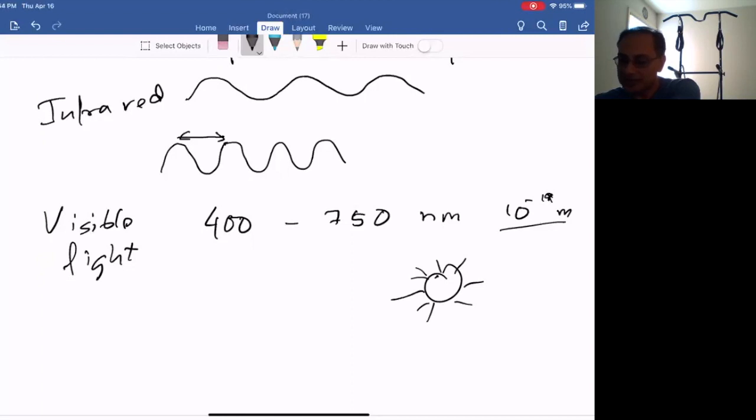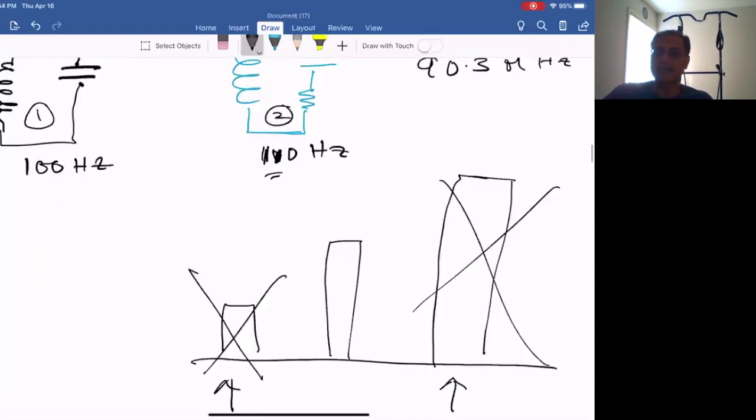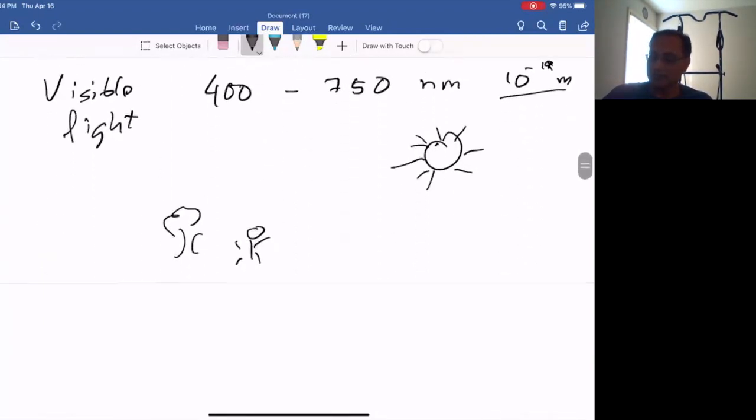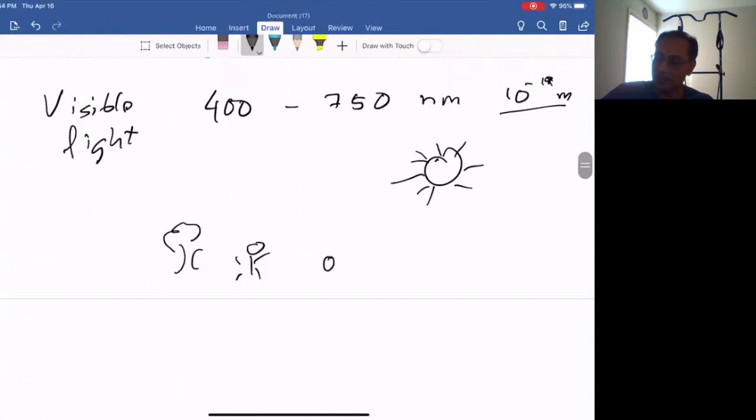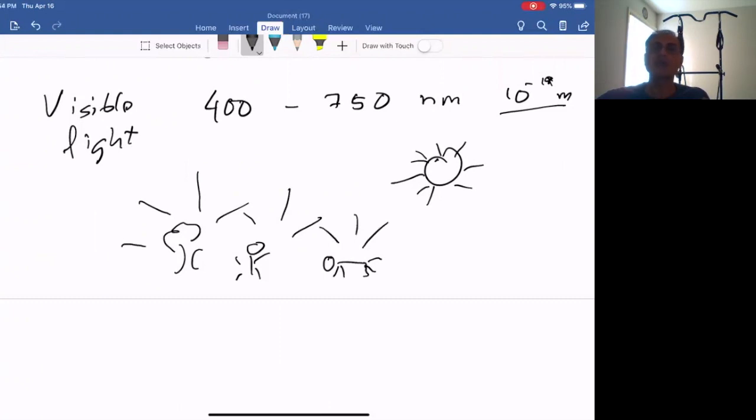So if there's a tree over here, and if I'm standing over here, or Tori is standing over here, then all of us are giving off infrared radiation, right? You are also giving off infrared radiation. Everything around us is giving off infrared radiation, right?